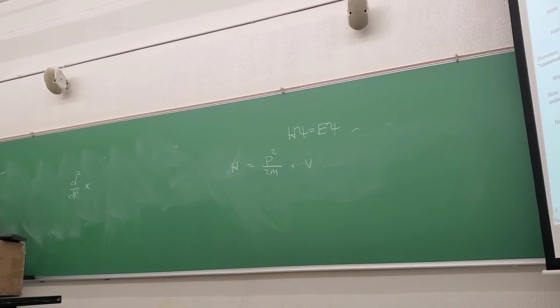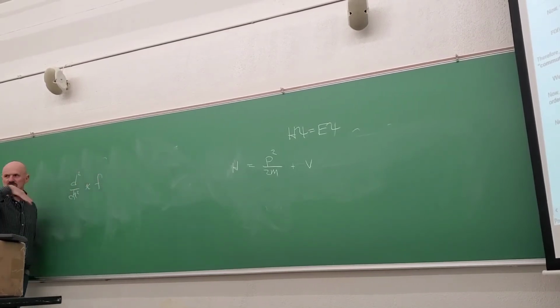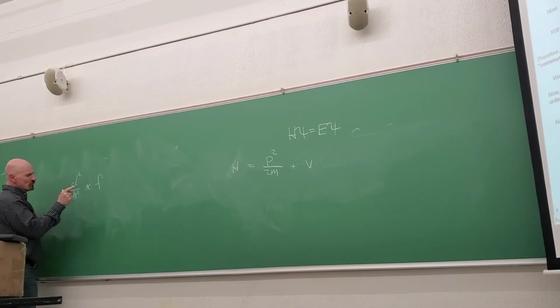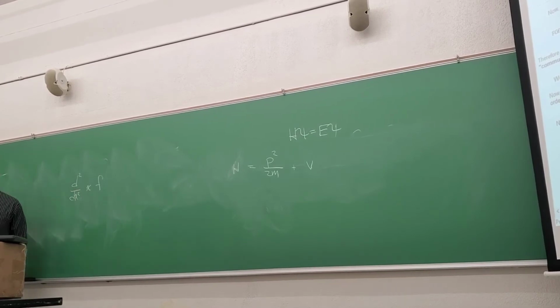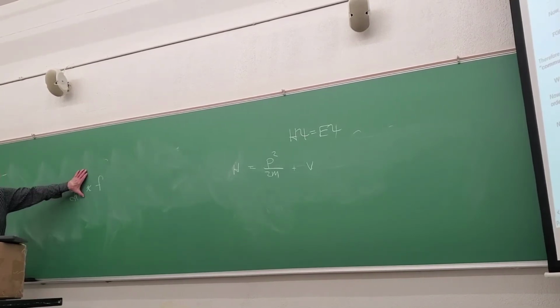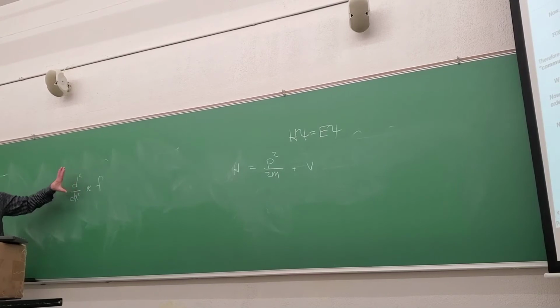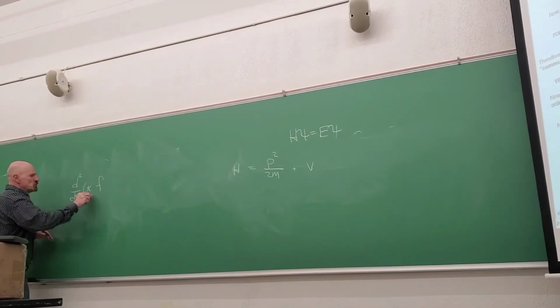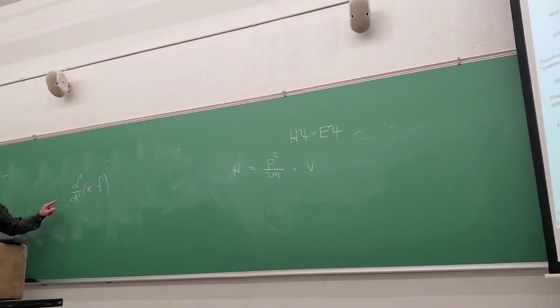Okay, this is how you do it. You just pick something, I just call it f. That's my function. To do this, you first operate on f by x. That x operator is just a multiplication, so this is x times f. Now take two derivatives of this. This is a product function now.